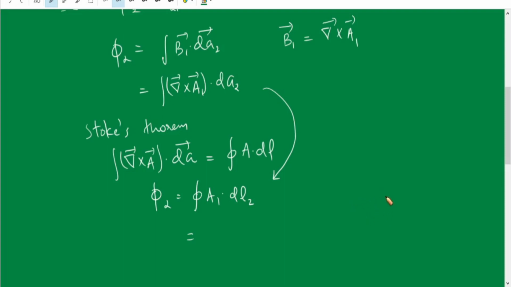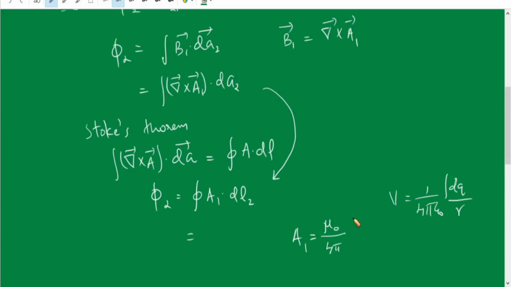In the electric field we have the potential V equal to 1 by 4 pi epsilon 0 integral dq by r, where dq is a small elemental charge and r is the distance between the two points. Here the magnetic vector potential is given by mu 0 divided by 4 pi, and instead of dq we write I dl1, the small elemental current.